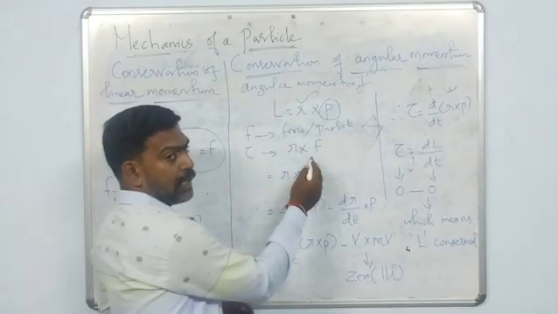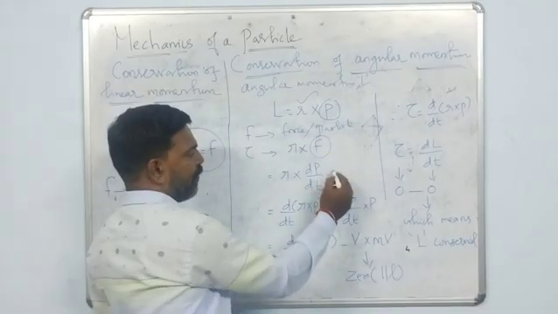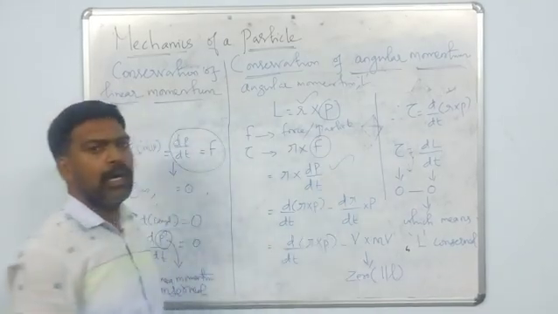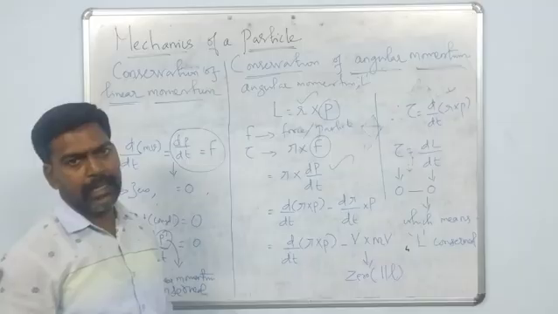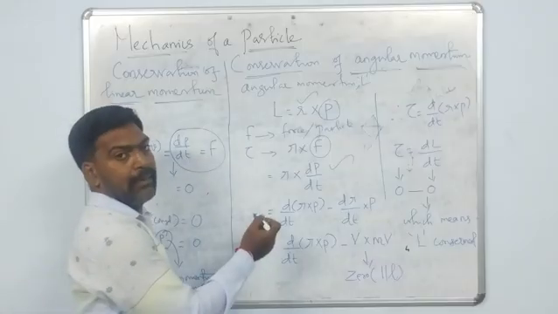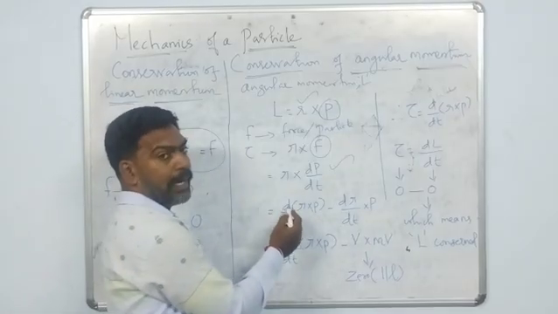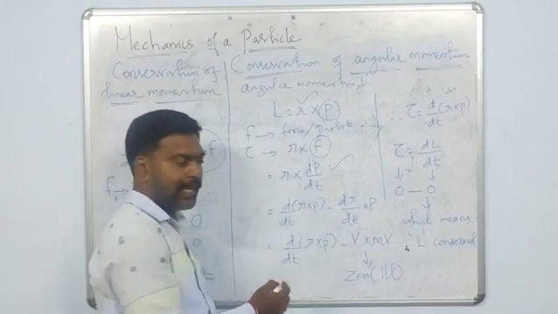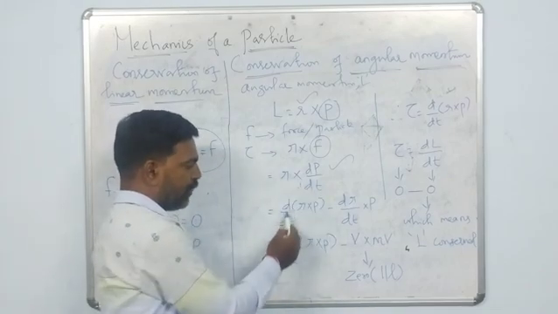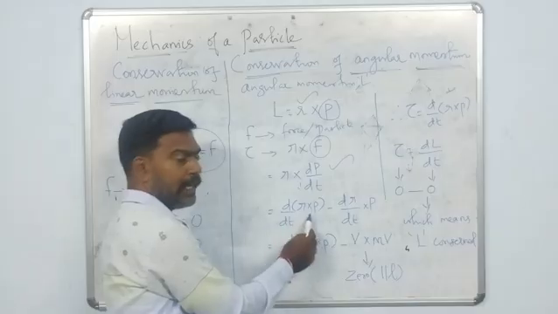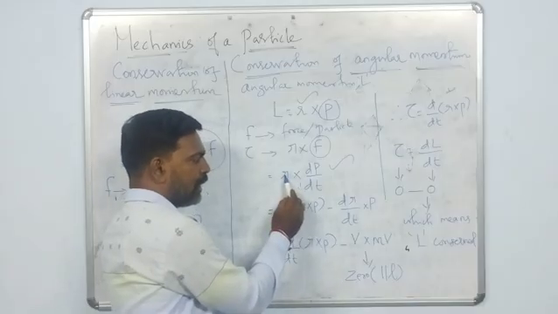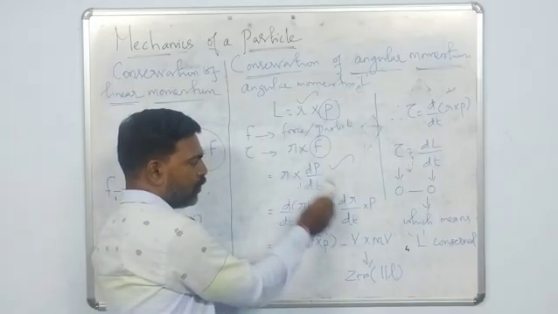From this equation, we can substitute the F value, which is equal to dP by dt. Now, with the help of mathematical differentiation and the vector cross product, we may write this equation as d by dt of R into P minus dR by dt into P.